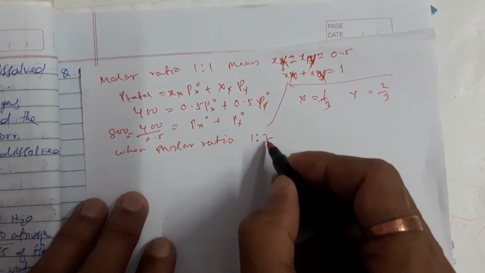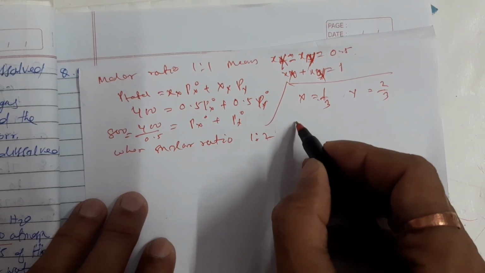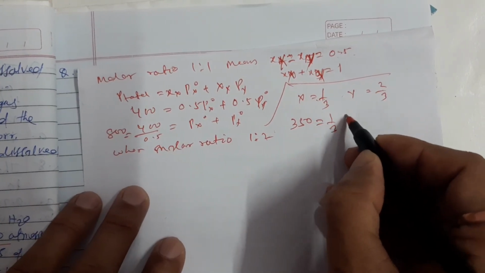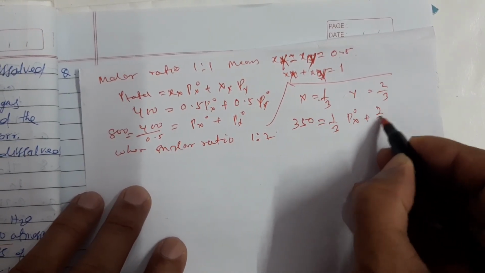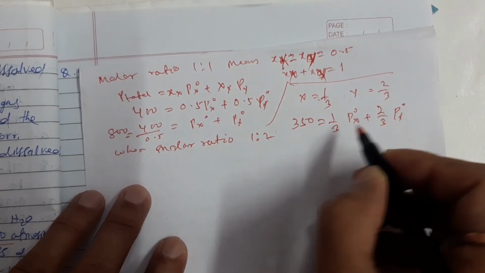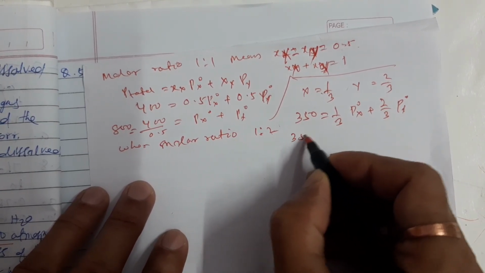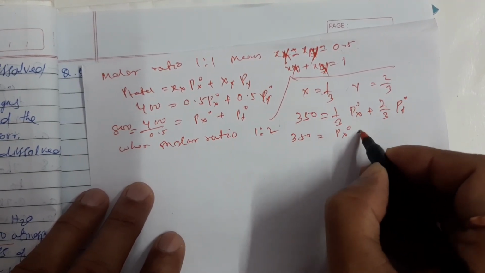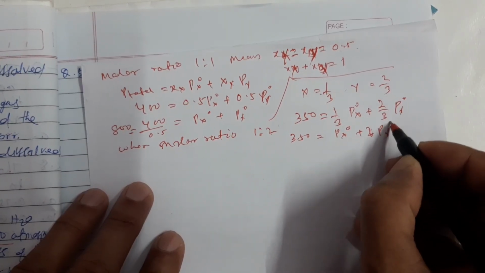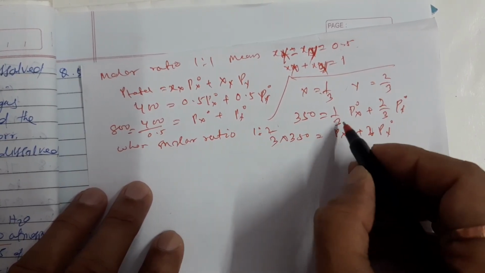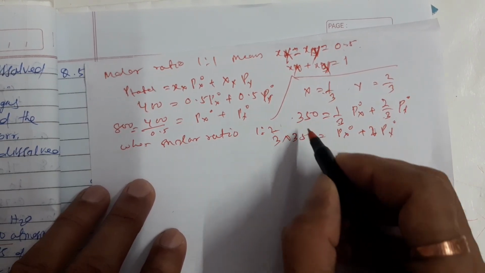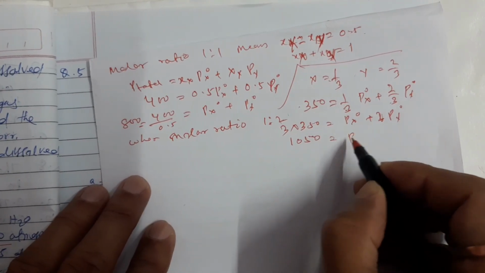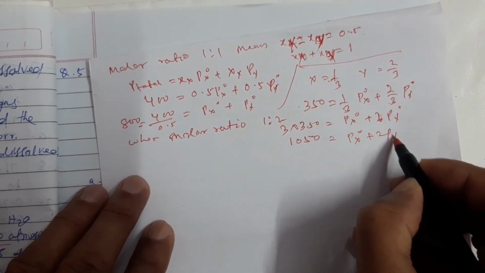So when this is 1:2, what is the formula? The total pressure 350 is 1/3 PX0 plus 2/3 PY0. So 350 is equal to PX0 plus 2 PY0, and you have to multiply by 3, so you will get 1050.